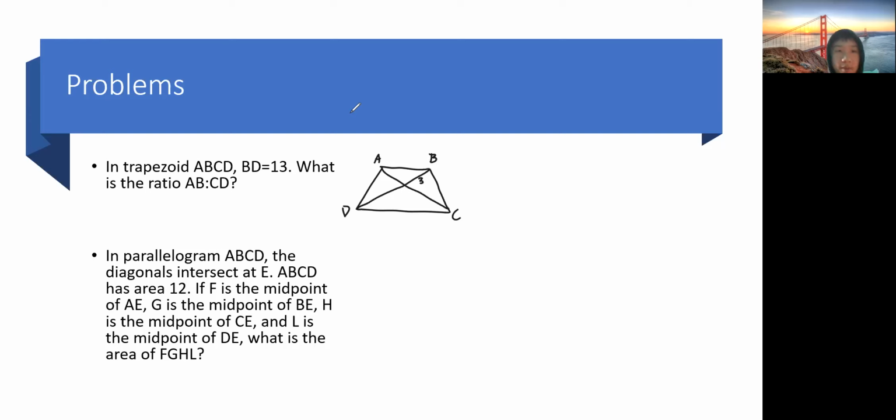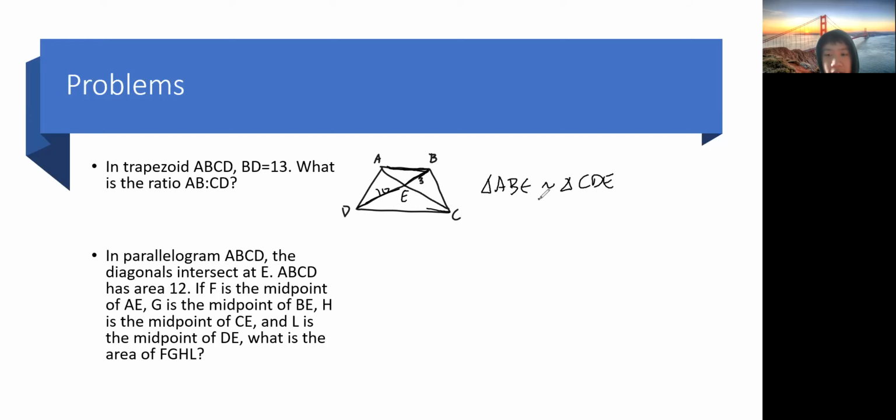All right, so for these problems, first we have in trapezoid ABCD, BD is 13. So this means that if this is 3, this is 10. Okay. What is the ratio of AB to CD? Well, we know that if we label this as E, ABE right here is similar to CDE.